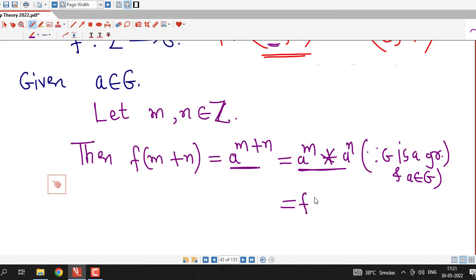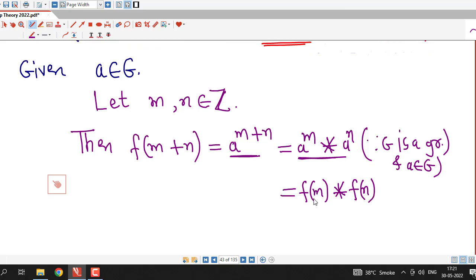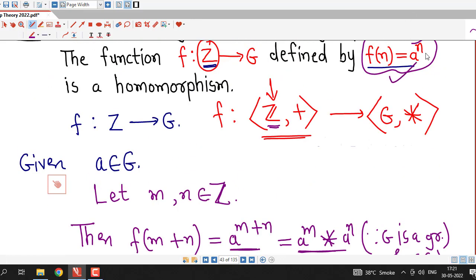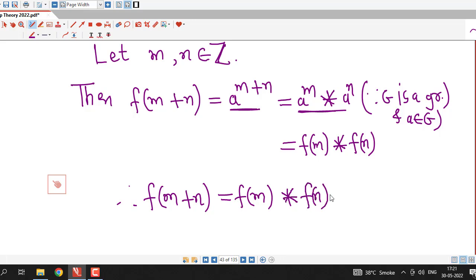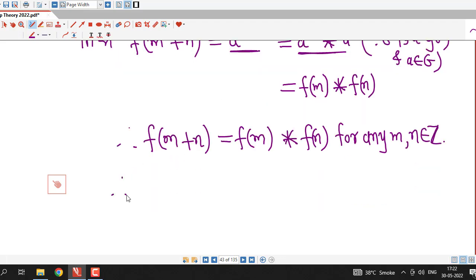Now a raised to m is the value of f at integer m, and a raised to n is f of n. So therefore we are able to show that f of m plus n equal to f of m star f of n for any two integers in this set of integers. Therefore f is a homomorphism.